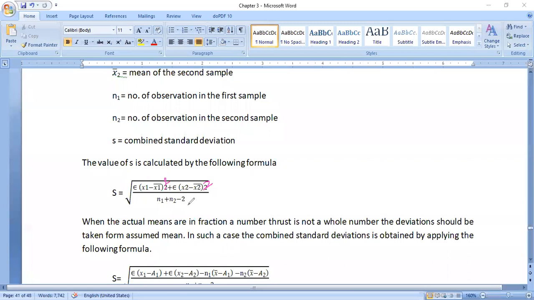When the actual means are in fractions, that is, not a whole number, the deviation should be taken from the assumed mean.